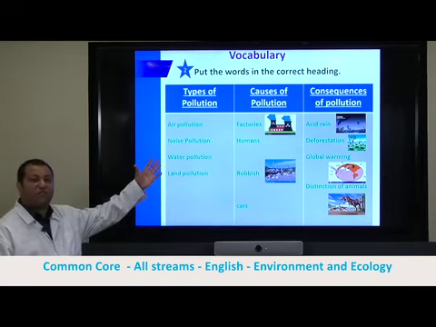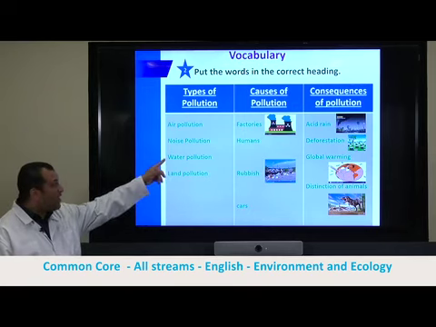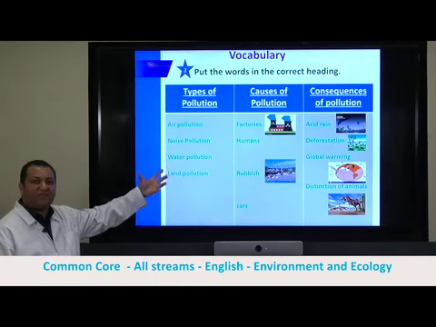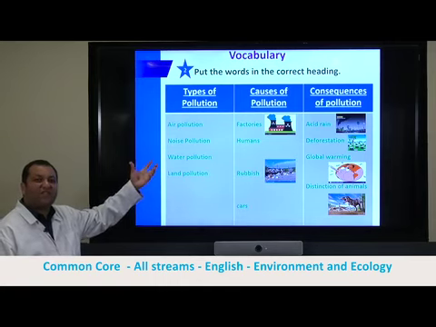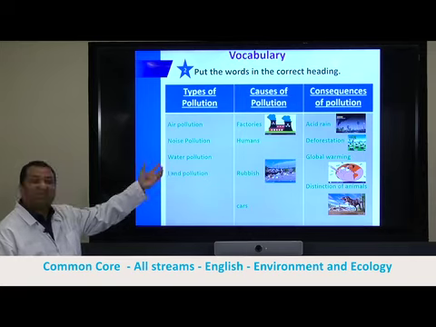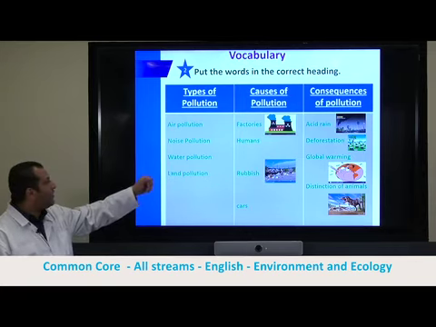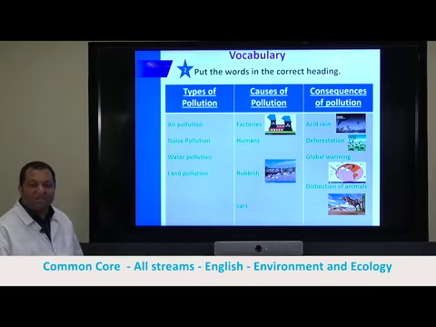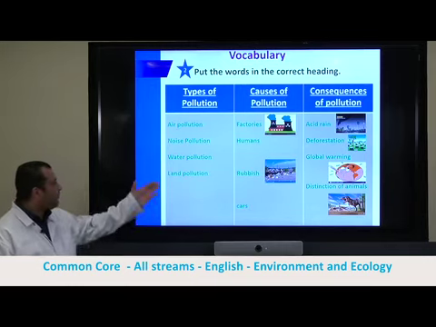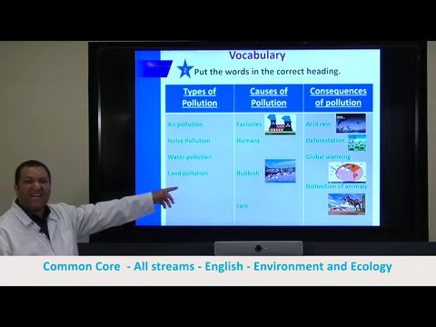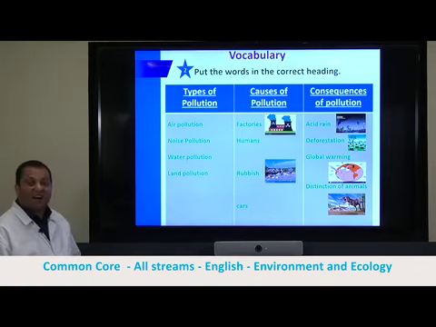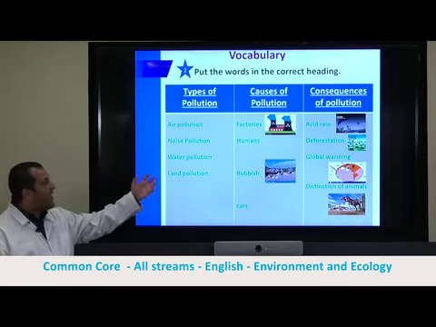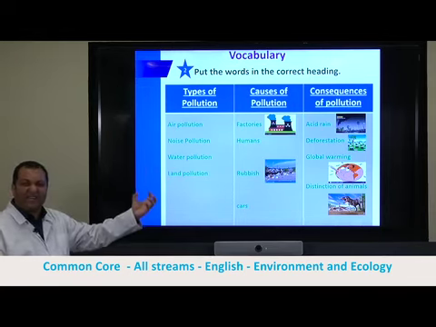The causes of pollution, we can talk about factories. Casablanca, for example, is full of factories which emit toxic gases. Humans, we, people, we also cause pollution. Rubbish, garbage, and cars. As for the consequences, we can talk about acid rain.